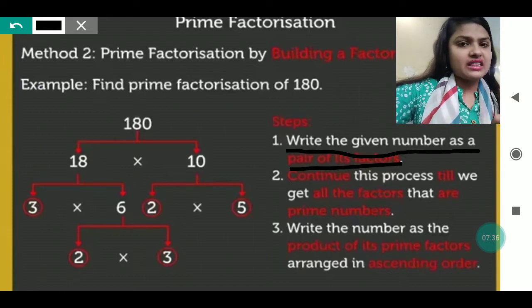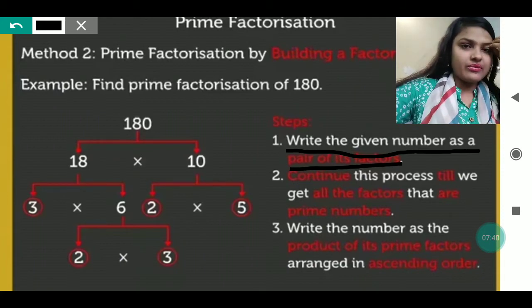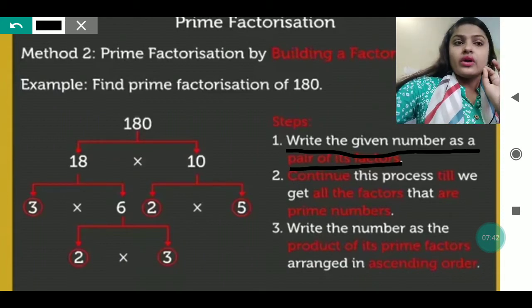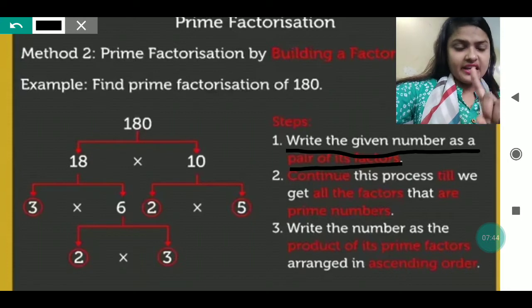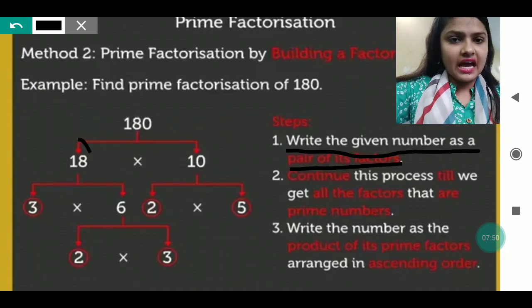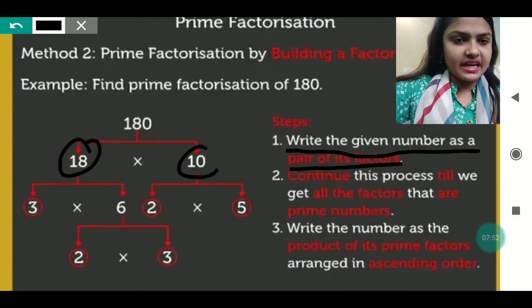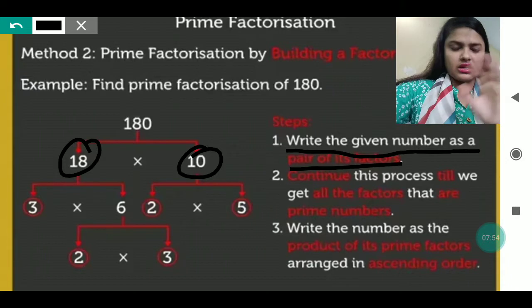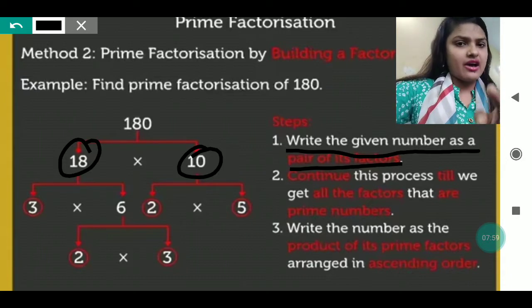In the table of 18, 180 is coming 10 times. So 18 I have written on this side and 10 on this side. First I have broken 180 into 2 parts. Then 18 I have broken into 2 parts.